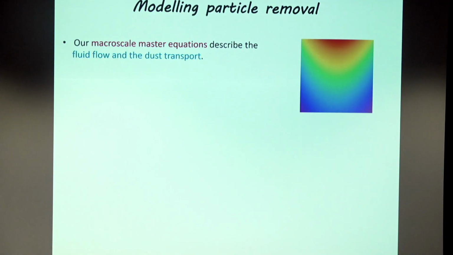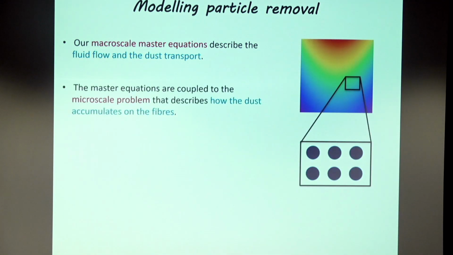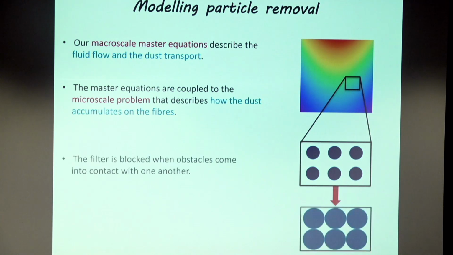And in doing that, we can model the macro scale picture that we care about. That's for the fluid flow, in this case the fluid is a gas, and the dust transport within our filter. But then this is coupled to the micro scale, so we don't lose that micro scale behaviour. So here we zoom in and we have the little fibres on the micro scale.